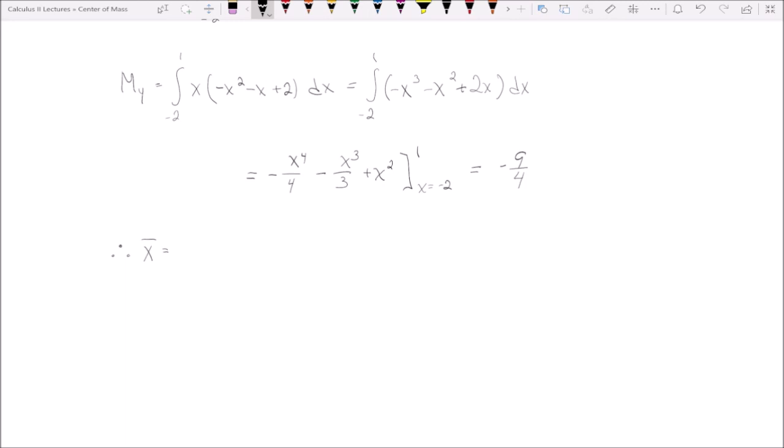So x bar, my over m, is negative 9/4 over 9/2, which equals negative 1/2.